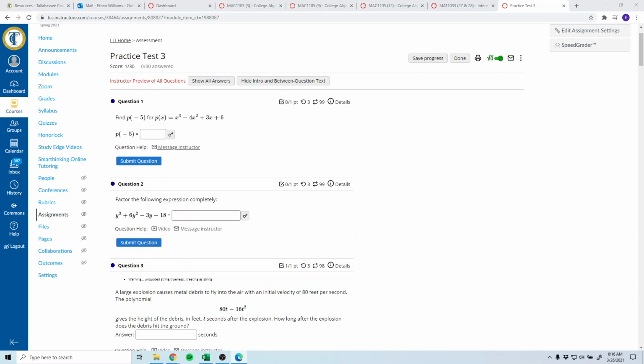Right. So number one, I should have been better prepared to write this down. Here we go. Number one, we want to evaluate p of negative 5 for this polynomial.